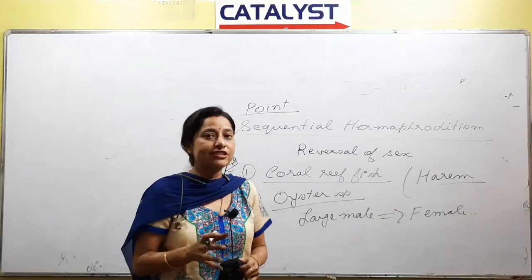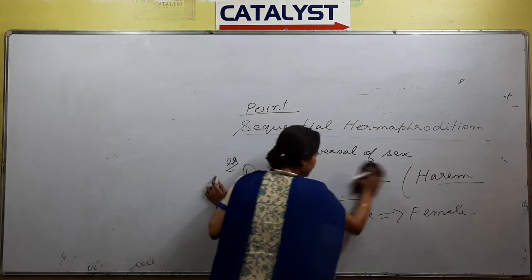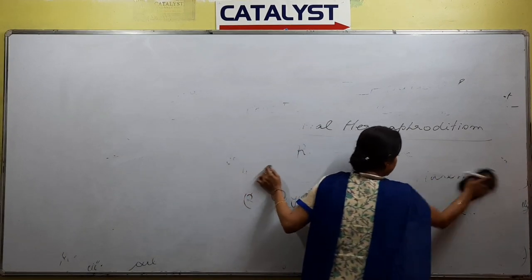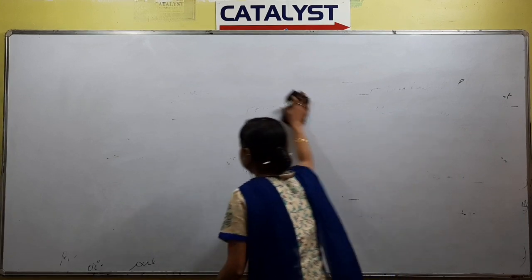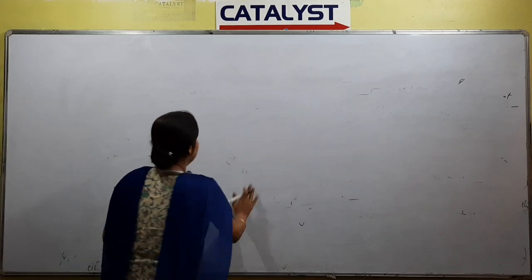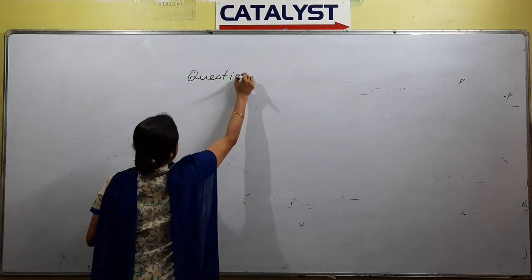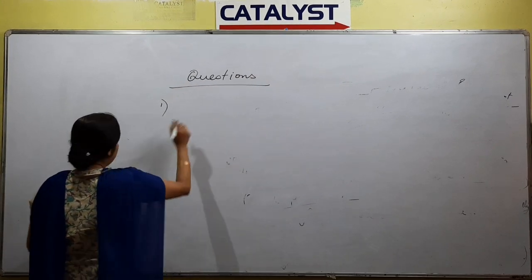These are the types of questions that come from this lesson. We will discuss a few questions, just see whether you can answer or not. Can you see the board properly?